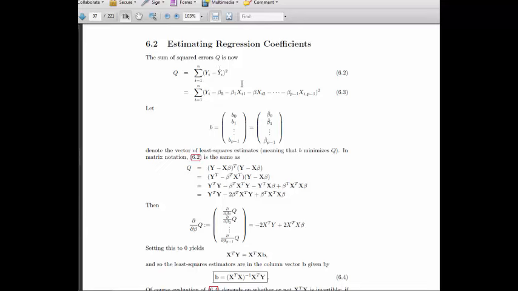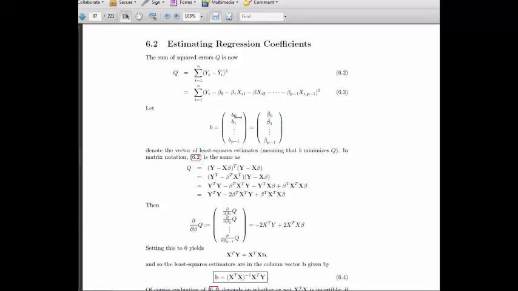I'm just going to plug in my y hat i, which is beta naught plus beta 1 xi1 plus, oops, missing a subscript there, should be a 2, I guess. I'm just dropping in my expression for yi hat, and let's let b be our vector of estimates for the betas.